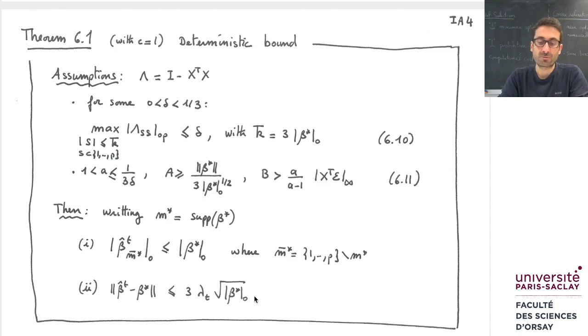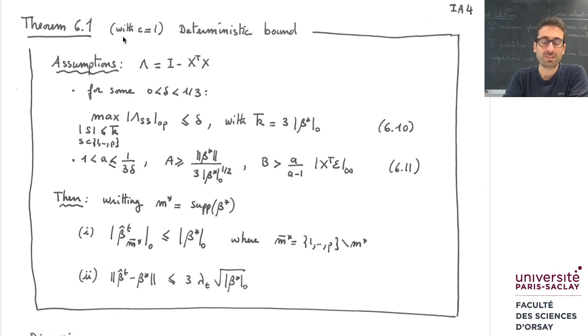When t goes to infinity, lambda t decreases to B, so at the end we have something like 3B times the square root of the number of non-zero coordinates. So before proving this result, let us discuss this theorem.